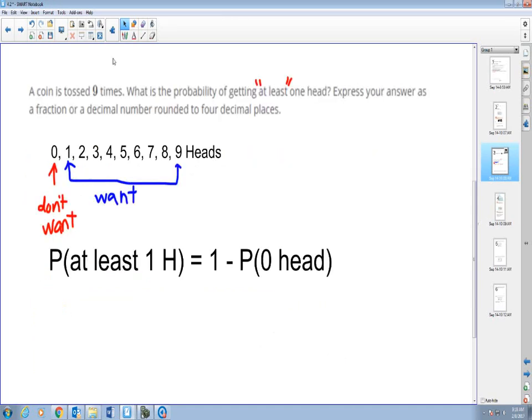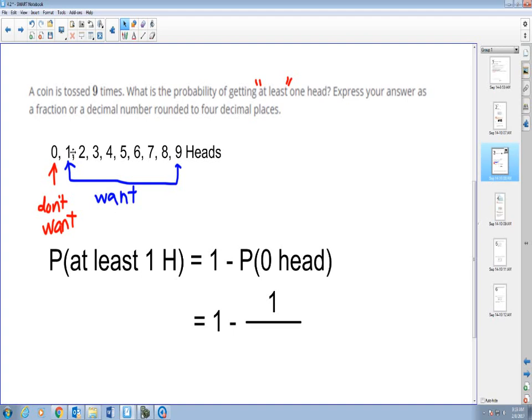I'm going to show you how to count this later on too. So 1 minus, how many ways can I get 0 heads? It's actually only 1 way to get no head, because 0 heads means all of them are tails. All 9 are tails. That can only occur 1 way.